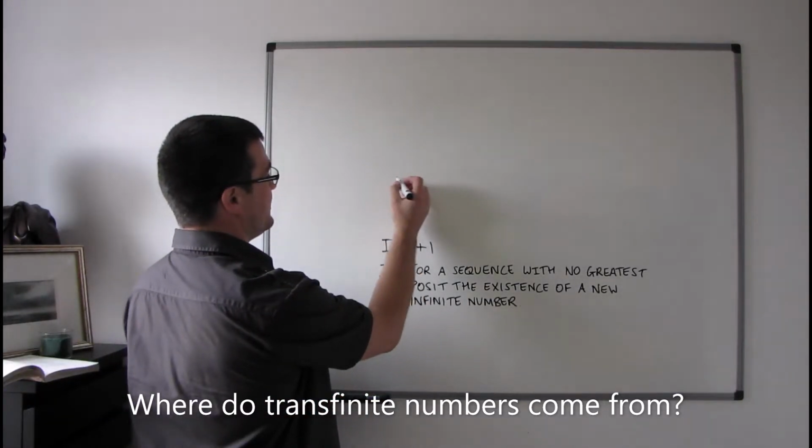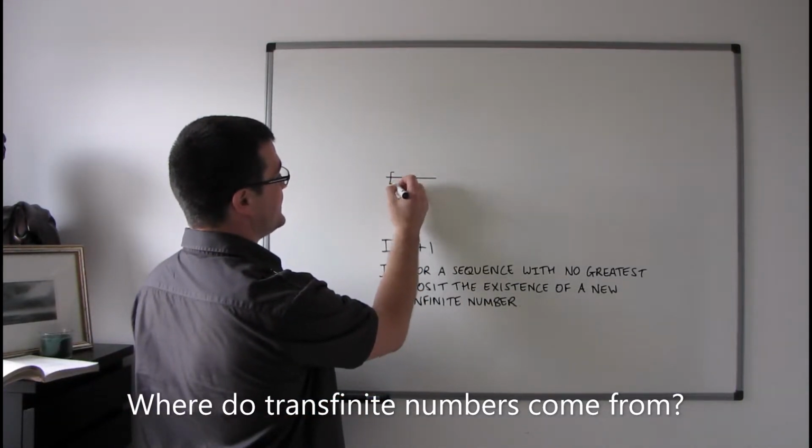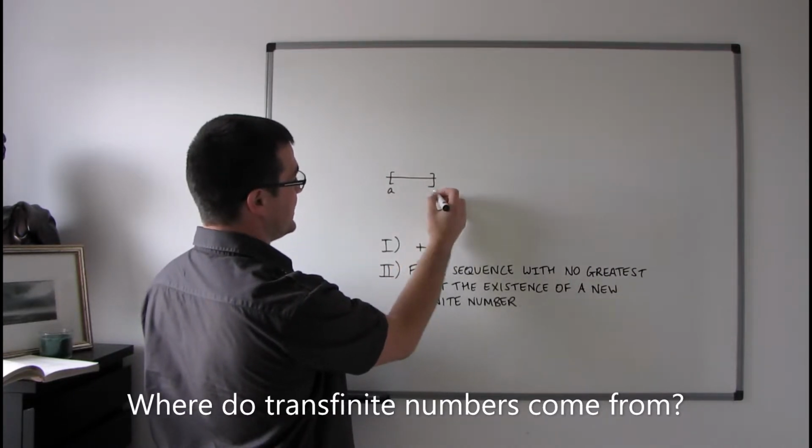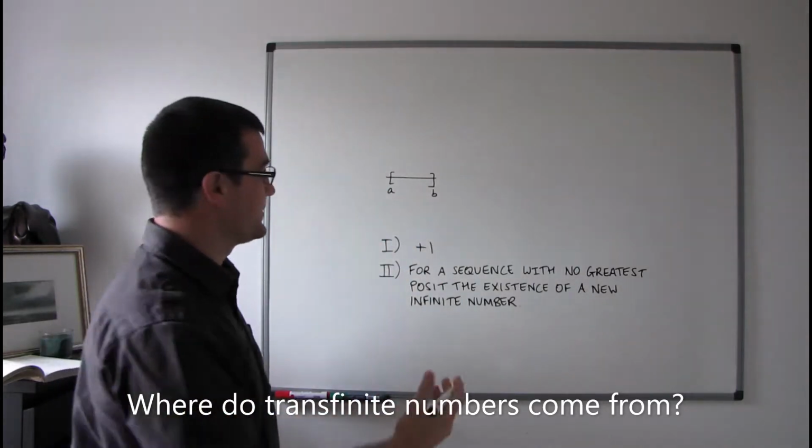So if we consider, for example, a finite interval, it might be closed, it might be open, it doesn't really make any difference, (a, b) on the real number line.